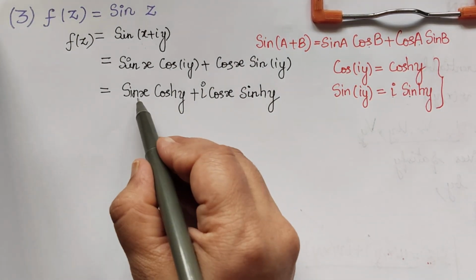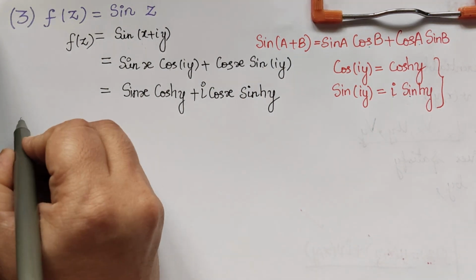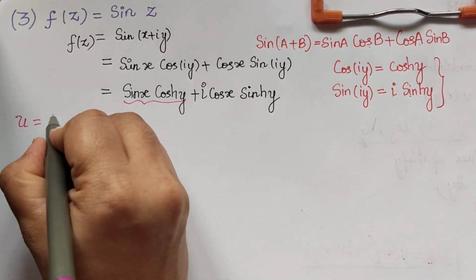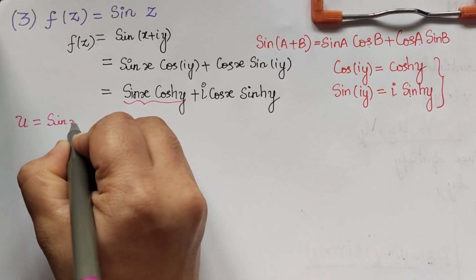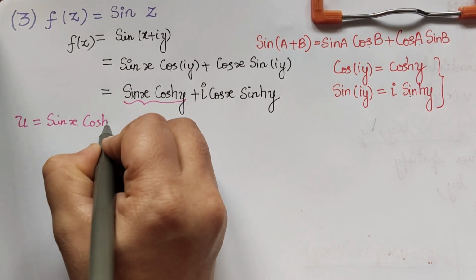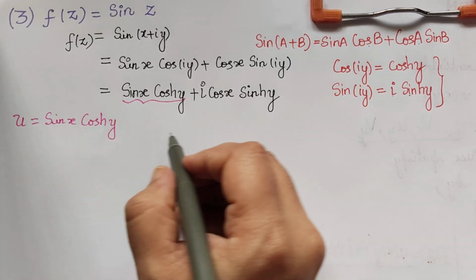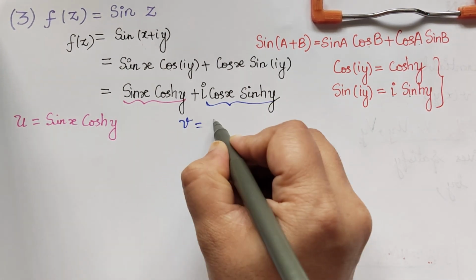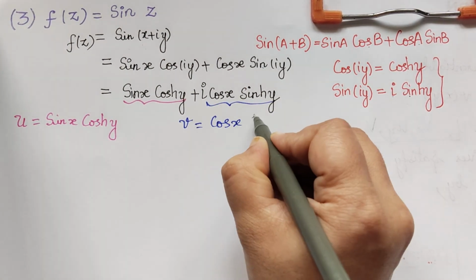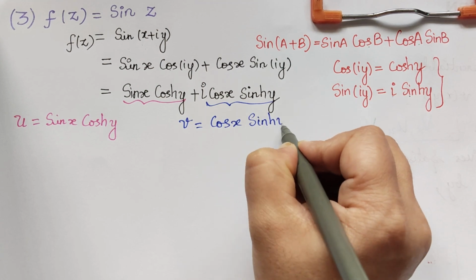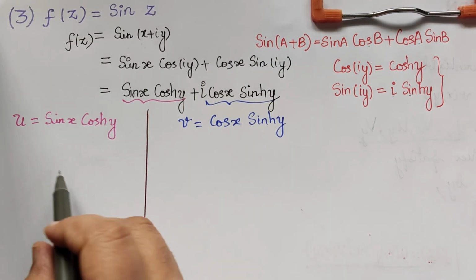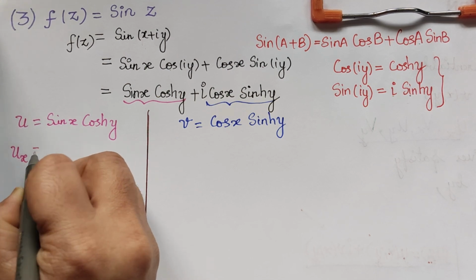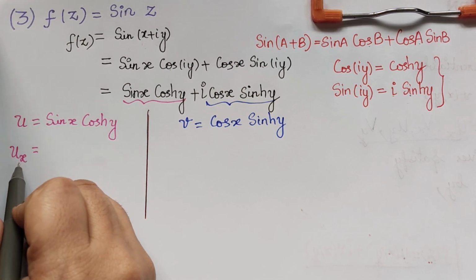This is the real part and this is the imaginary part, and so the function u is equal to the real part, that is sin x cosh y, and v is equal to cos x sinh y. Now from this we shall obtain ux. What is ux? It is the partial differentiation of u with respect to x.